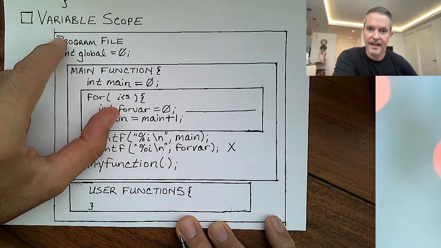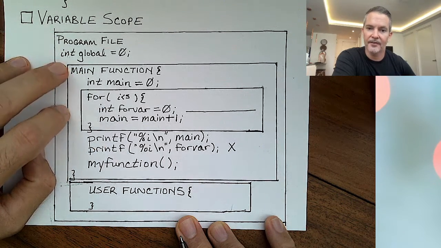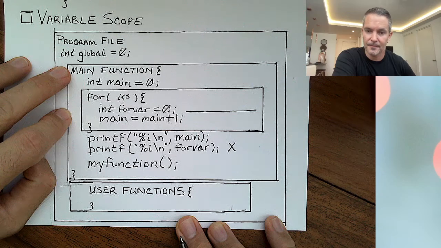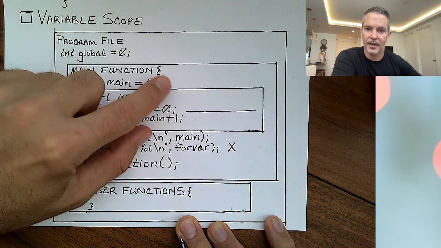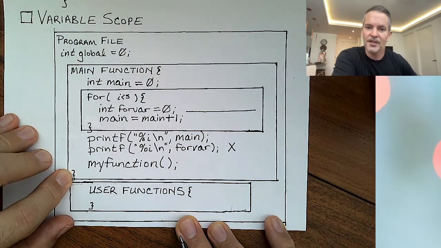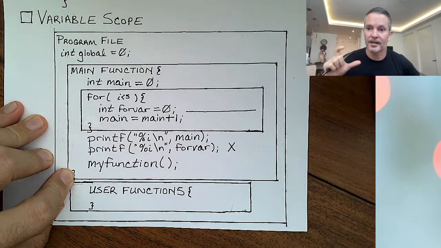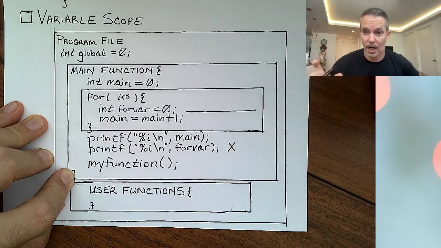Okay? The next thing that we see in a program is we have our main function. And inside the main function, we have these curly brackets that open and close the function. Whenever in C we have code inside of two curly brackets, we call it a code block.